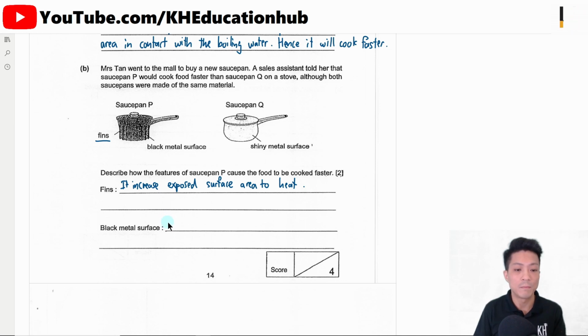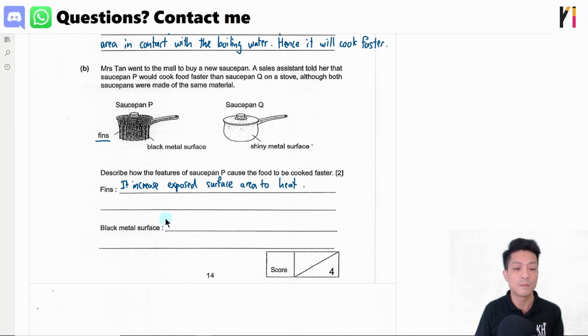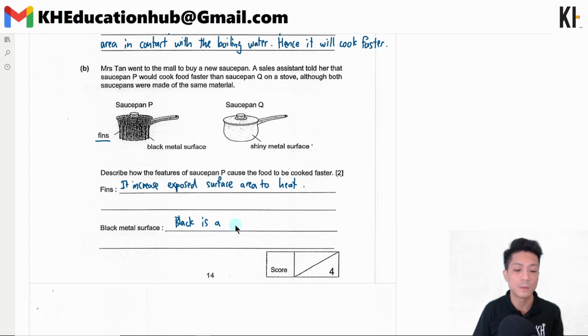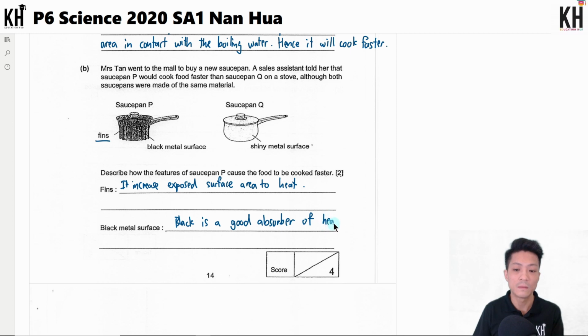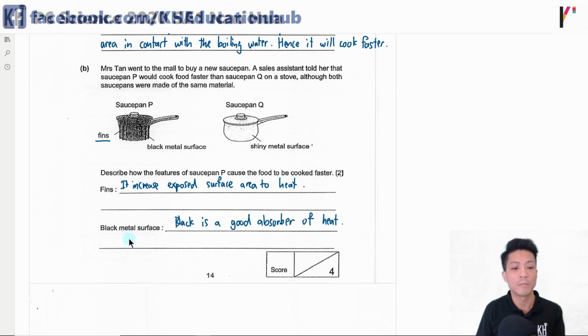And also black metal is a good absorber of heat. So that's the reason why people always say, on a hot day, do not wear black clothes, wear something that is light in color, or even better, just wear white clothes.